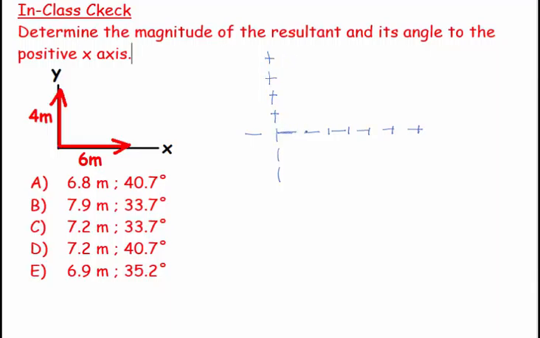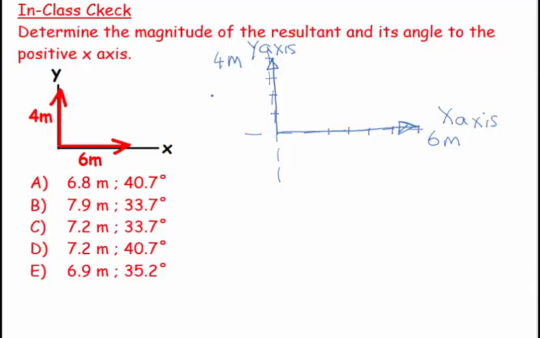So let's draw these guys in. This is 6 meters, and this is in the x-axis direction. And this here is 4 meters, and this is in the y-axis direction.